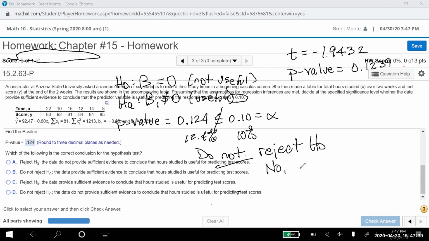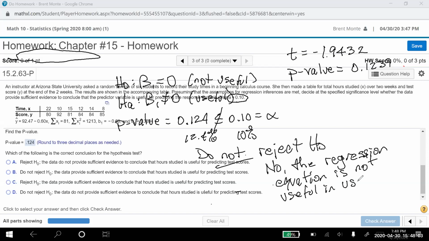And I have to say no. The regression equation is not useful in using our study to predict test scores.